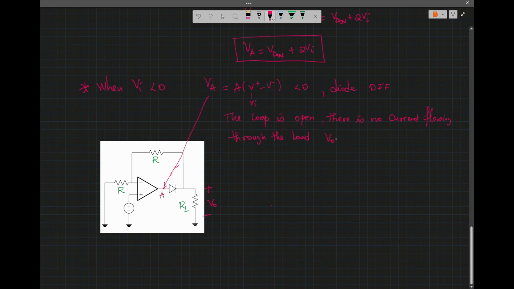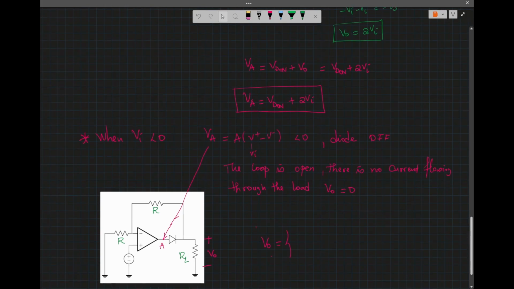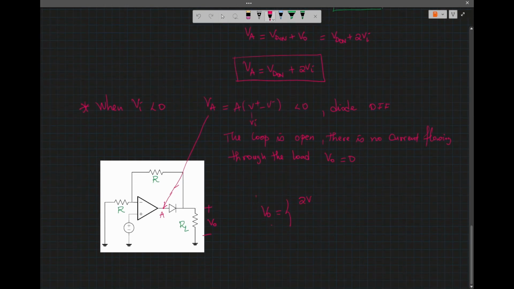So V0 will be equal to 0. When you use Ohm's law, the current there is 0. So V0 equal to 0. So what we have, when we put them together, is V0 equal to 2Vi when Vi is positive, and it's equal to 0 when Vi is negative.